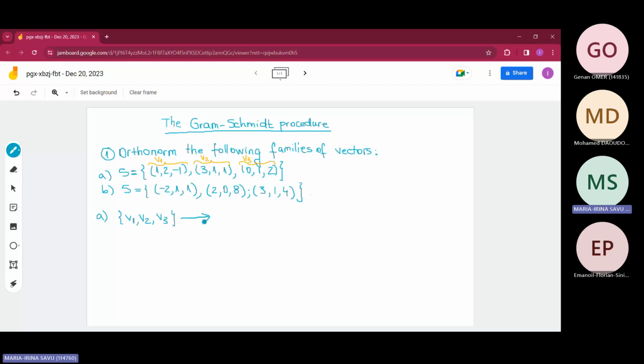So starting with v1, v2, and v3, you must obtain another set w1, w2, w3, such that the inner product of w1 and w2 is 0, then w1 and w3 is 0, and w2 and w3 is 0. It is called an orthogonal family.